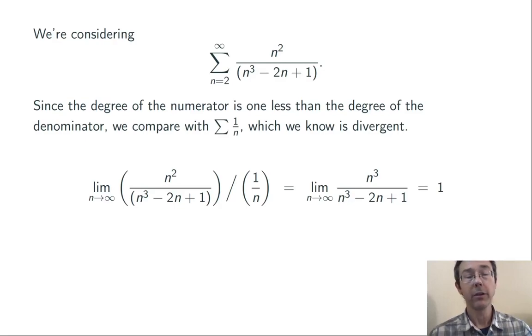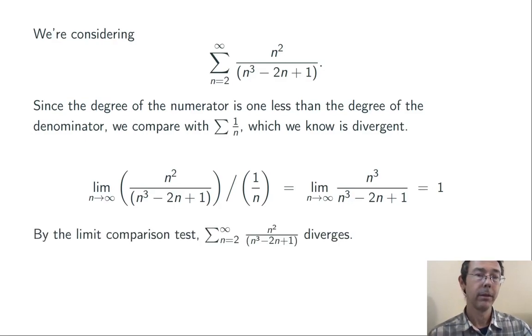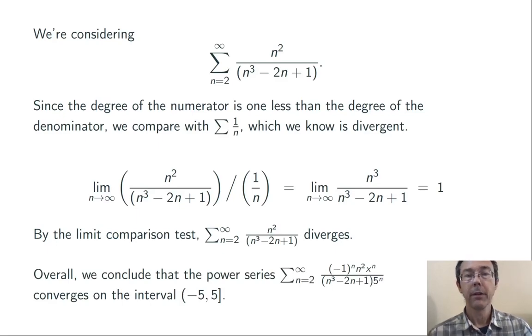And the limit of that is going to be 1, for example, by applying L'Hopital's rule a few times. Therefore, the two series are either going to converge or diverge together. Since the sum of 1 over n diverges, so does our series. Putting everything together, we have that our original power series converges on the interval from negative 5 to 5, including 5, but not negative 5. And again, the radius of convergence is 5.